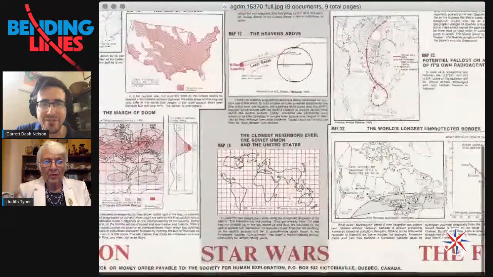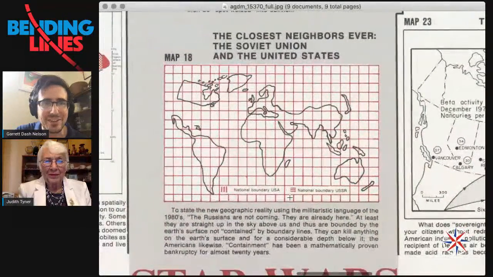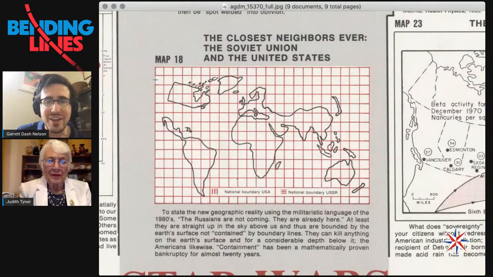I think maybe my favorite of this series is this map, which is a little subtle and a little cheeky in a way. It says the closest neighbors ever, the Soviet Union and the United States. And on this map, the national boundaries of the USA are supposed to be vertical red lines. And the national boundaries of the Soviet Union are supposed to be horizontal red lines.